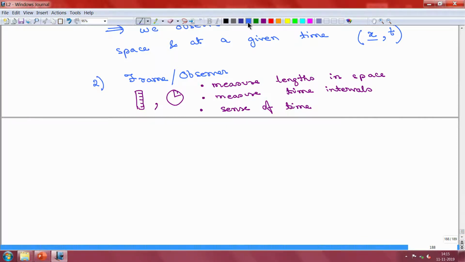So, is there something called an equivalent observer?